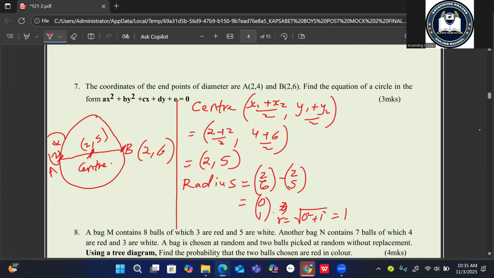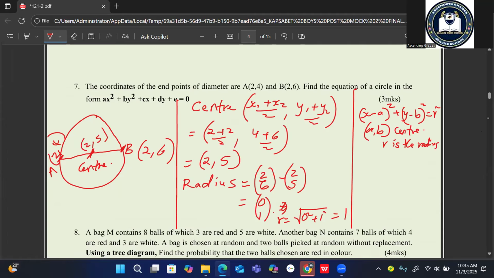Now, since we have our radius and center, we know that the equation of a circle is given by (x minus a) squared plus (y minus b) squared is equal to r squared, where (a, b) is the center and r is the radius.